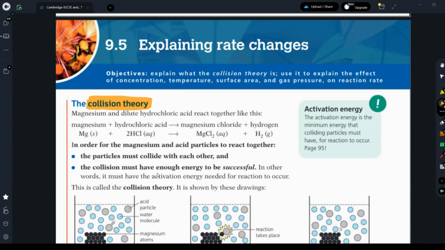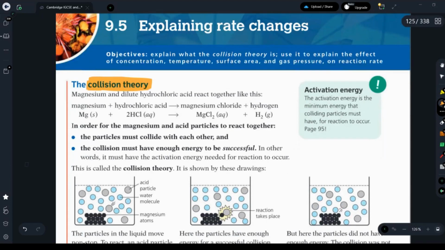What is collision theory? Collision theory helps us understand that particles must collide with each other. When the particles collide, the collision must have enough energy for it to be successful. When I say successful, that means they must collide in a way that will result in a chemical reaction.